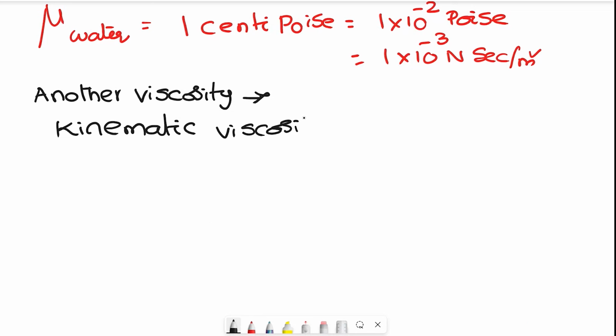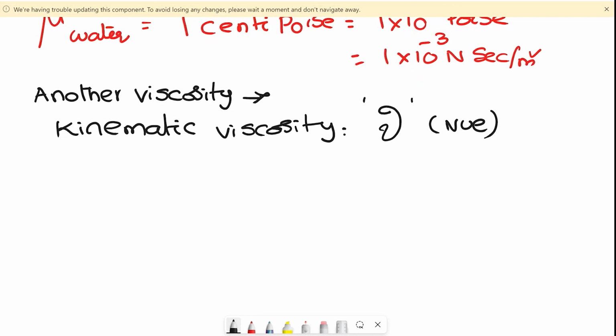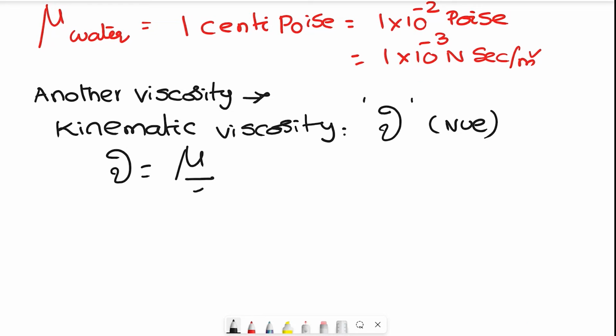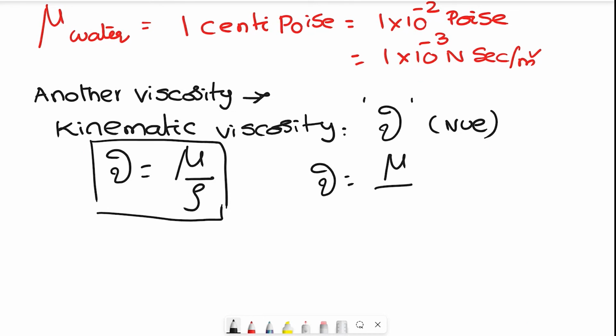This is also a common thing, and it is represented by nu. Nu is equal to mu by mass density. This you should remember: the relation between kinematic viscosity and dynamic viscosity is nu is equal to mu by rho.